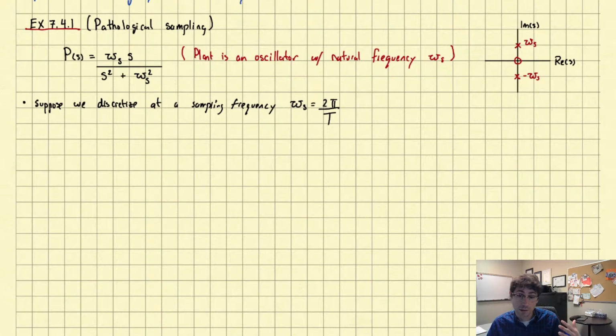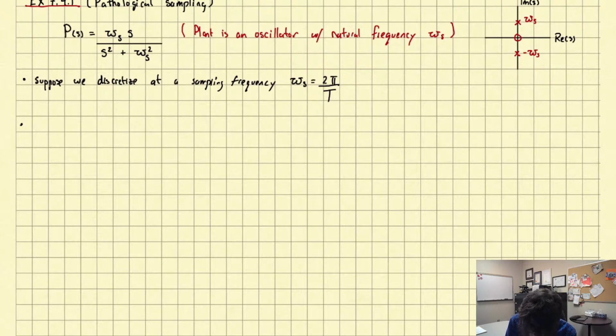Okay, we just figured out how to compute C to D of a plant. Let's apply that technique here. So compute C to D. Okay, remember from our last example, what do we have to do? We have to first find the continuous time unit step response, sample that, etc., etc.